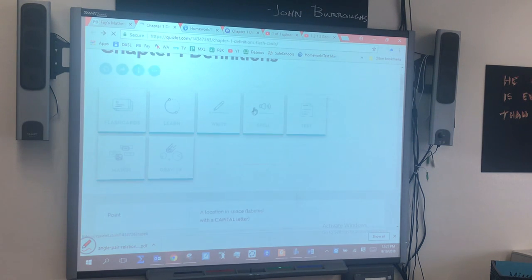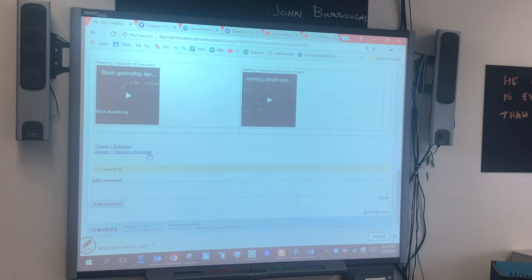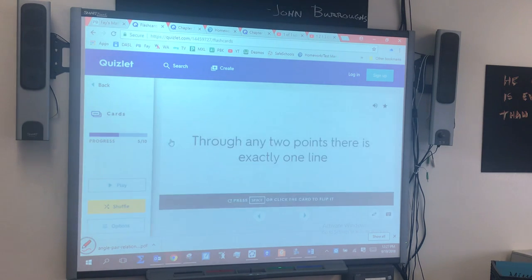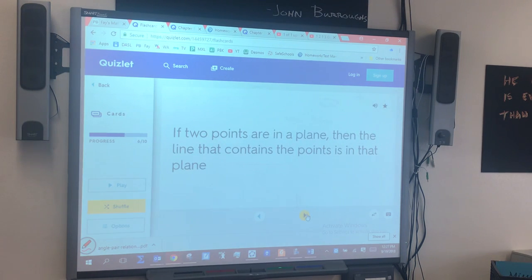I've also, especially because some of these chapters are heavily inundated early on with postulates and theorems, made another set. Click the next link, and it takes you to flashcards of our postulates. For example, 2 points is exactly 1 line. Now, it's not really a flashcard because the other side just says postulate. But I wanted to give you somewhere where all of your postulates, key phrases and rules were established and written together.